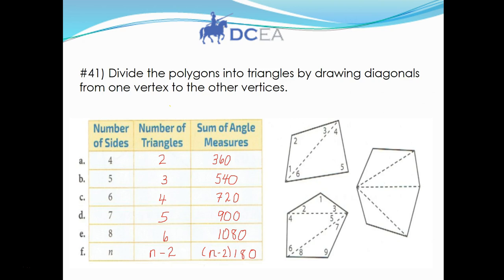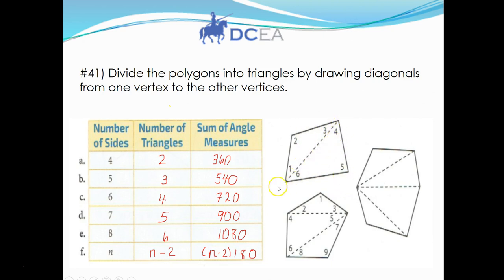Number 41 wasn't in your assignment, but this is important to know. This is actually a formula for helping to solve the angles of different figures. It says divide the polygons into triangles by drawing diagonals from one vertex to the other vertices. And we've done this before in a lesson. Let's look first at this four-sided figure.